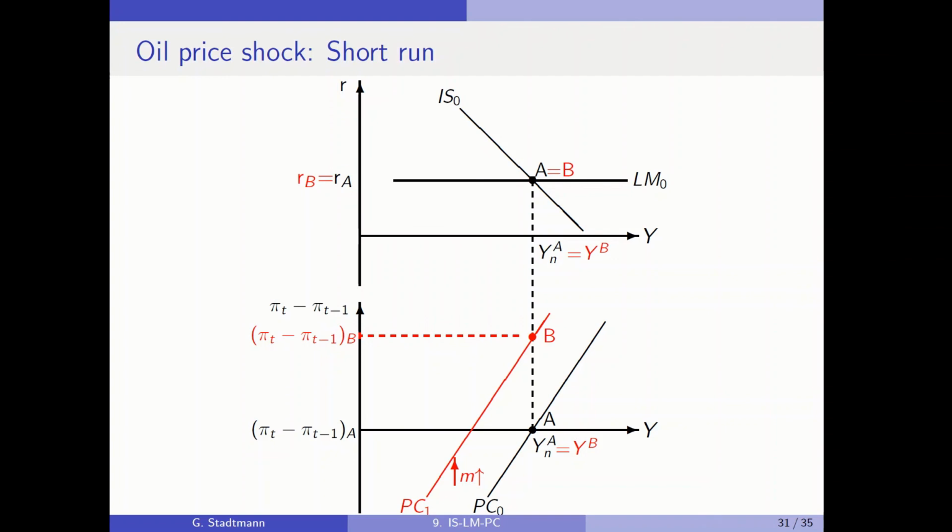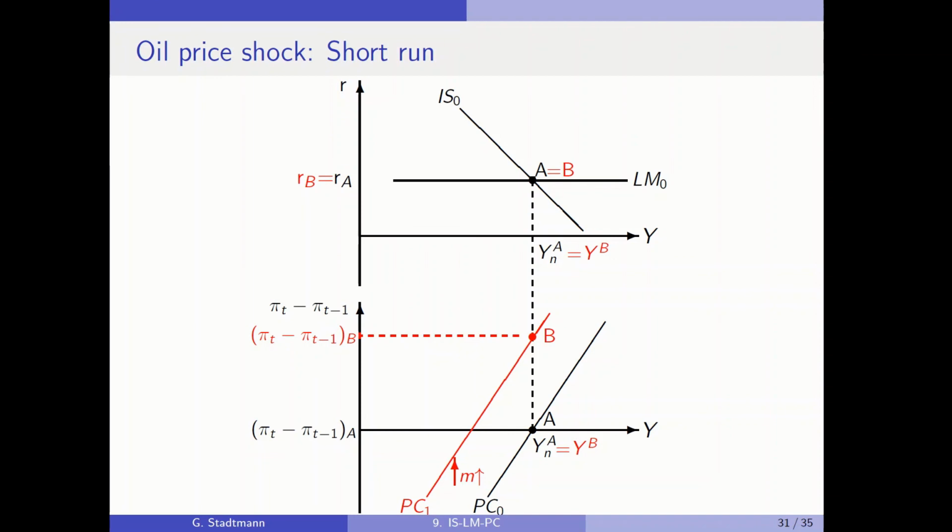When the companies increase the markup, this will lead to higher goods prices and therefore also to a higher rate of inflation. So in the new short-run equilibrium, the inflation rate picks up. The inflation rate is now larger than in the previous year, and hence the economy has an inflation problem.